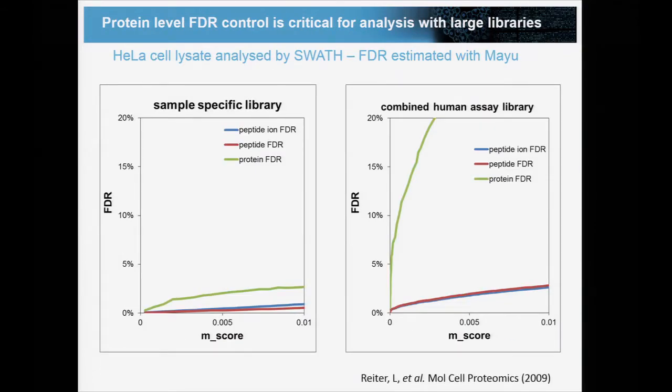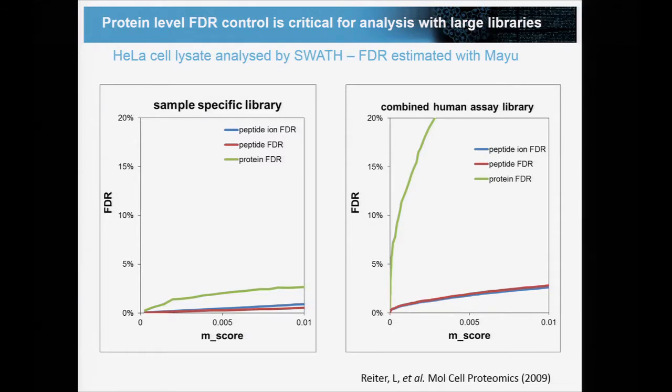So what I've done now is extract a similar plot as before: the peptide ion FDR, the peptide FDR, the protein FDR. Peptide ion means a peptide at a given charge state. In this case we don't have iProphet, but we have the M score, which is the score coming out of OpenSWATH analysis. Here a low M score is good, right?